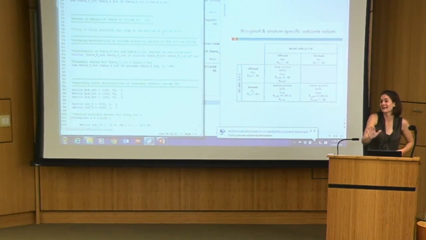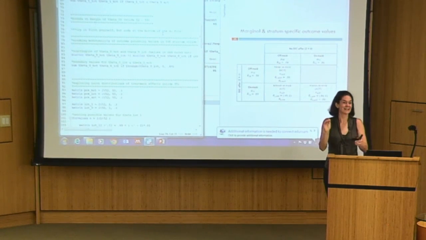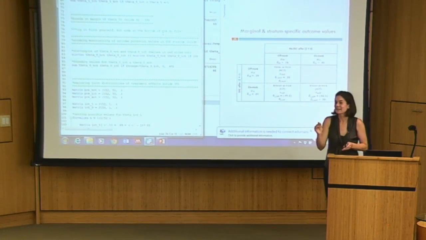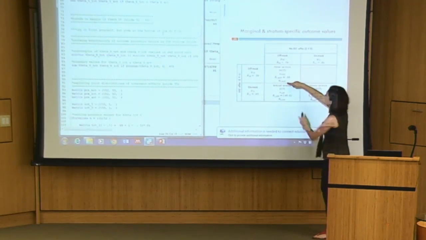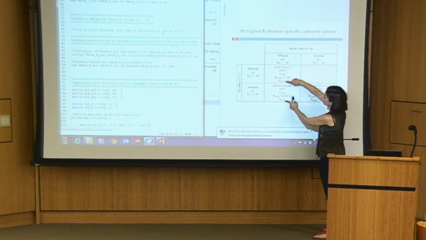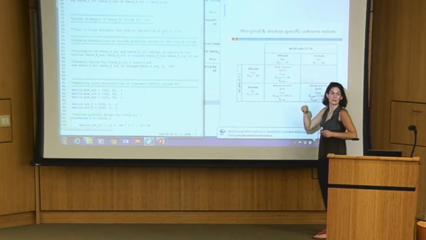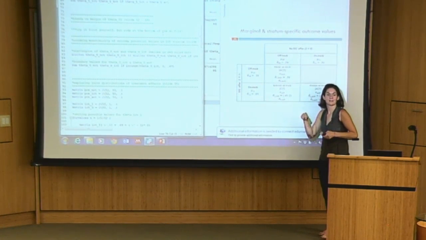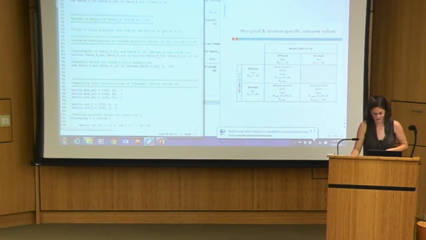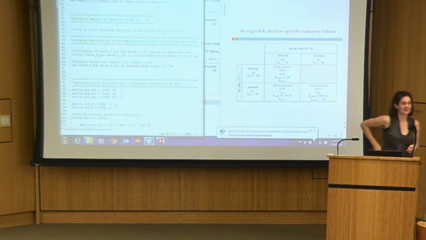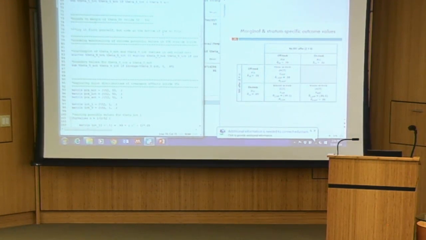So why don't you take like 5 or 10 minutes to test your understanding and see if you can come up with bounded values for these two. Is that okay? Okay. And if you just want the answer, it's at the bottom of the do file.